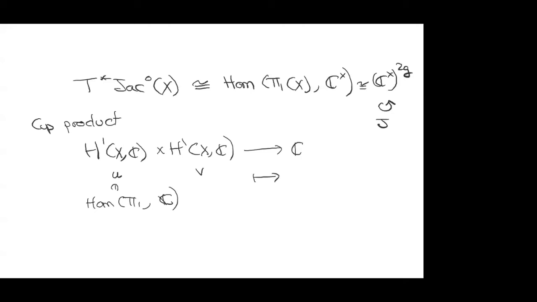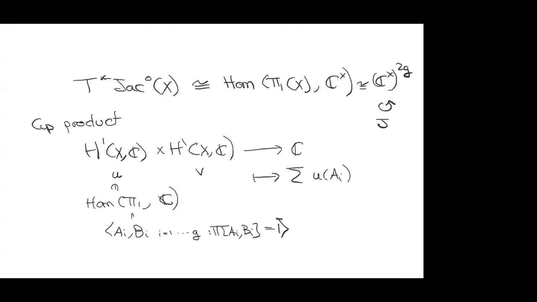Choosing a basis of the fundamental group, one can just take U(a_i). So a_i, b_i are a basis of the fundamental group. So they satisfy the relation written there.